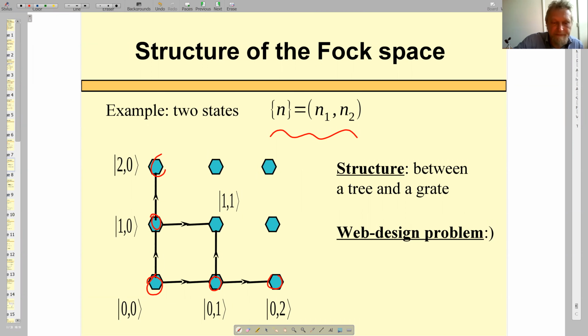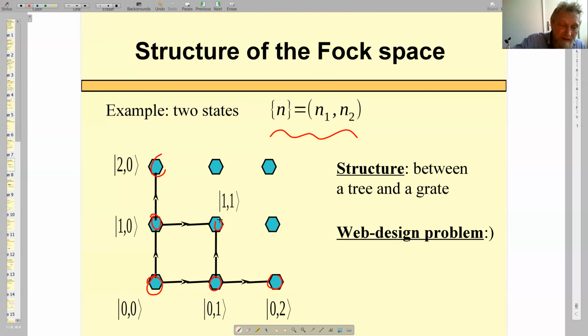You understand this? Good. So what are creation operators? In this case, creation operators just move in this lattice either up or to the right. Two creation operators for two levels.